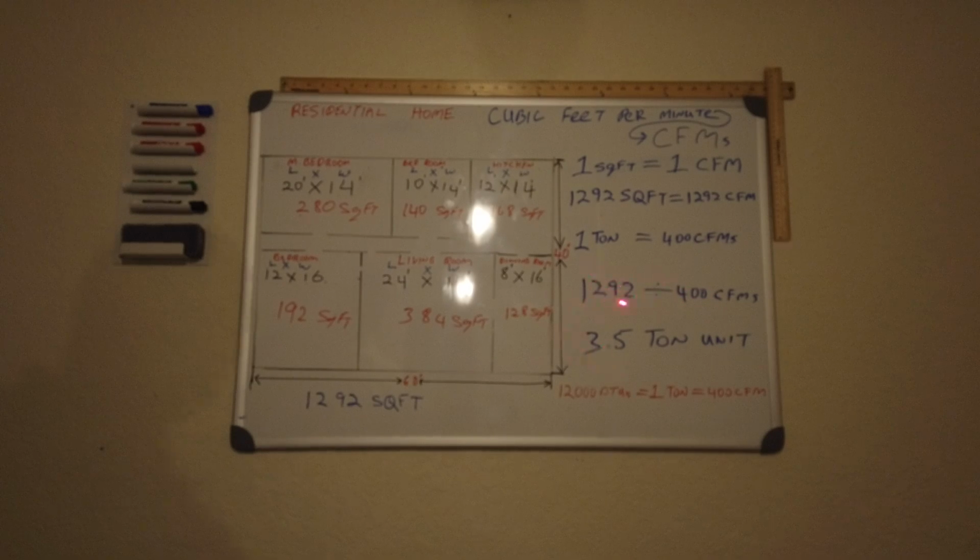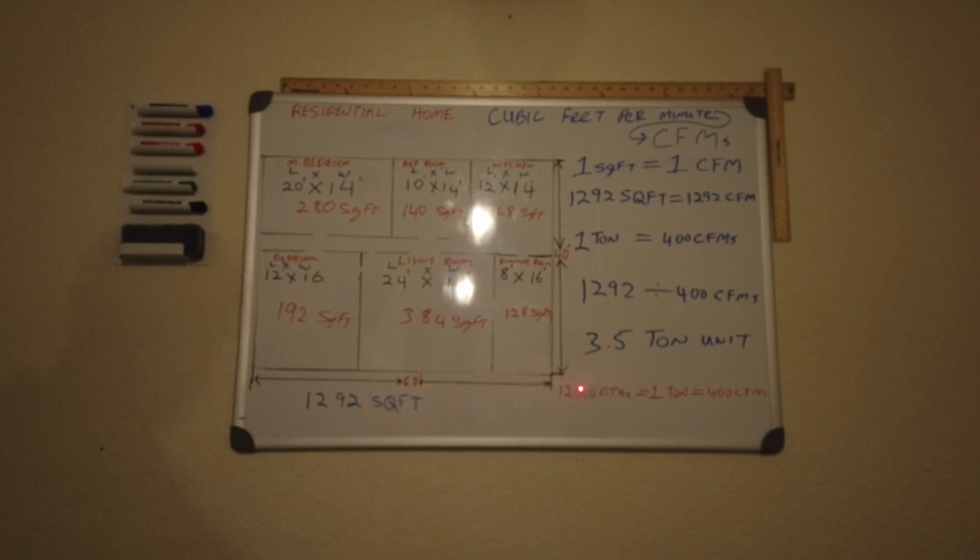It's 3 and some change, but you can only get a unit in a ton or a half a ton. That's like 3 tons and some change. So you would need a 3.5 ton unit to satisfy this 1,292 CFM space, or 1,292 square foot area.